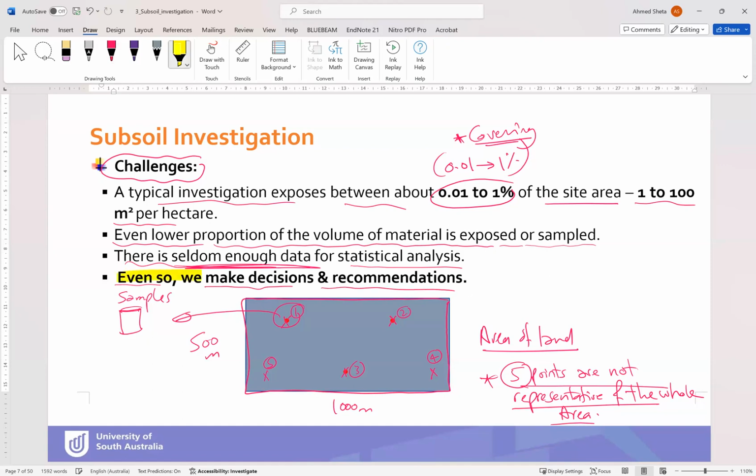So this is what we have to do: we have to take risk due to uncertainties when investigating the soil.